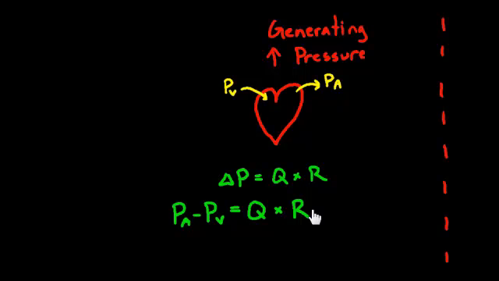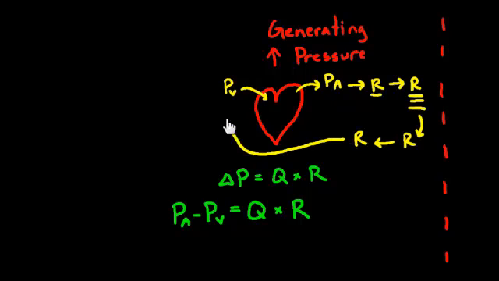Specifically, let me draw out some of this resistance. You have, of course, resistance once it gets into the arteries, so you've got some R resistance there, and then you've got more resistance once you get into the arterioles. In fact, I'm going to triple underline that one because there's lots of resistance in the arterioles. And then you've got resistance in the capillaries, and resistance in the veins, and then the blood returning into the venous side.